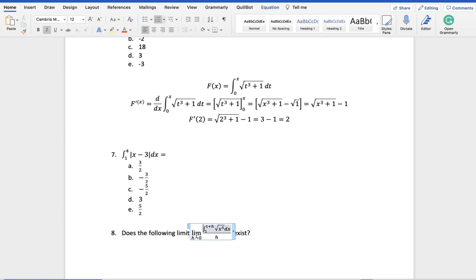And then you use your rules for limits. You just see if it gives you 0 over 0. Chances are it's going to give you 0 over 0, and then you will have to see if you can use the different methods to solve that limit. Basically, more likely L'Hopital's rule, right?